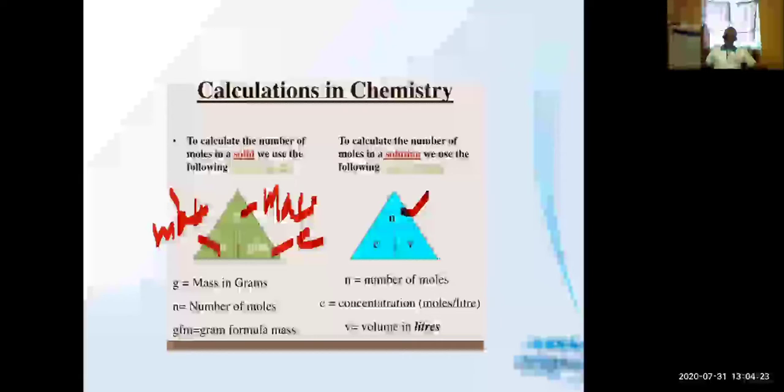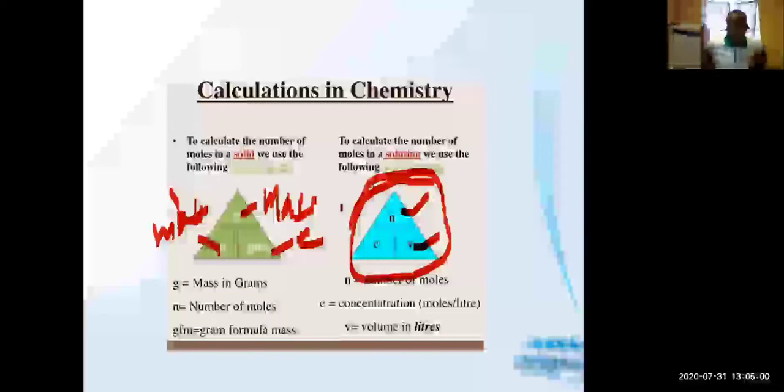So the number of moles is equivalent to concentration times the volume in liters. Moles can also be calculated as the concentration in grams per liter over the molar mass. You should be able to master this because it will help you when you reach concentration and molarity.